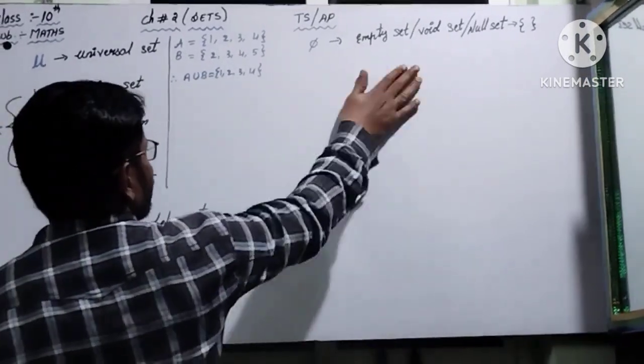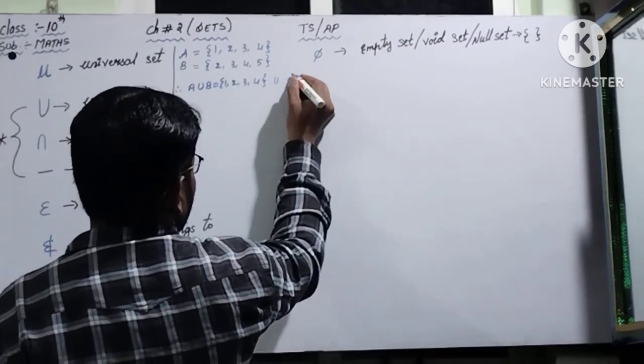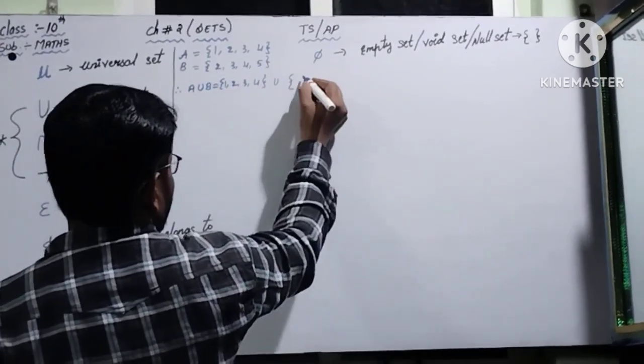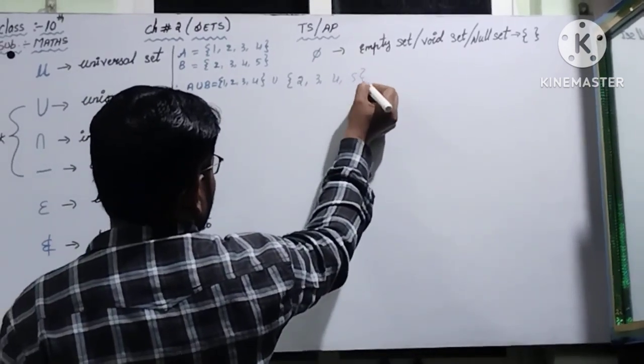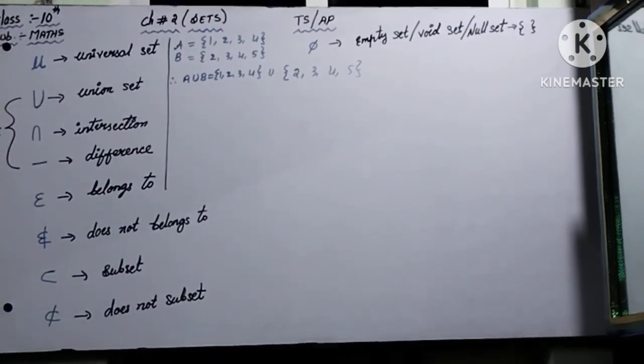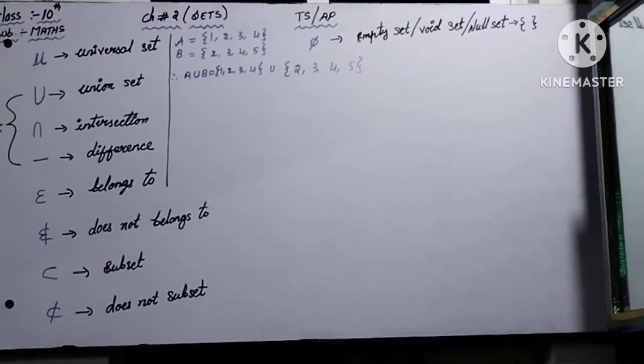The next one, union. Set B contains 2, 3, 4, 5. Set A contains 1, 2, 3, 4. Use these two sets and find the union.